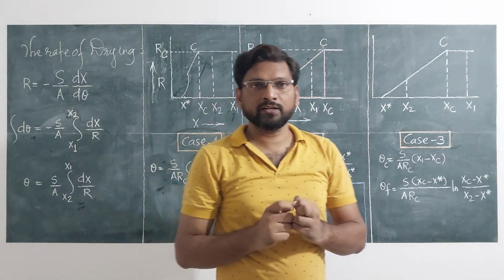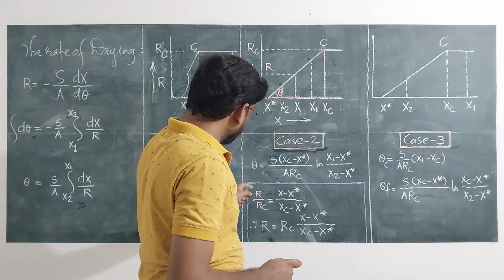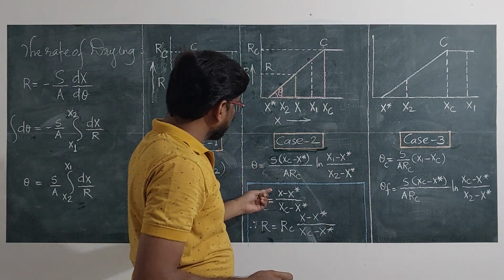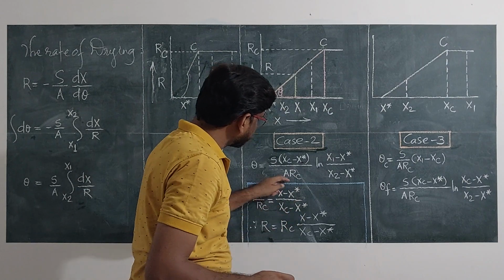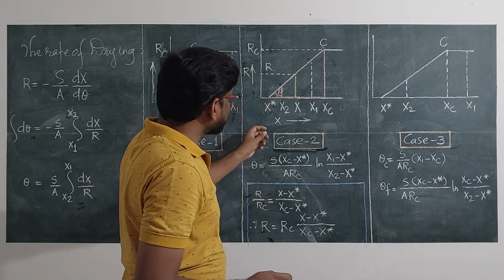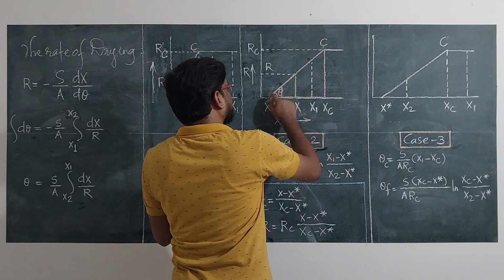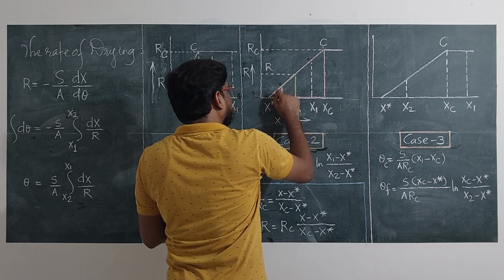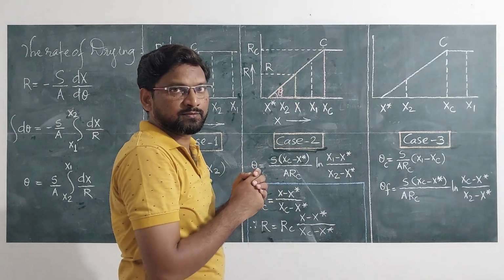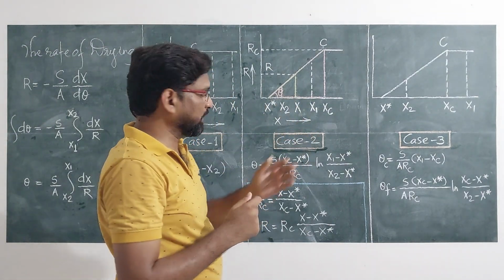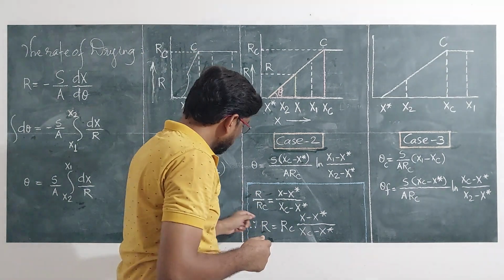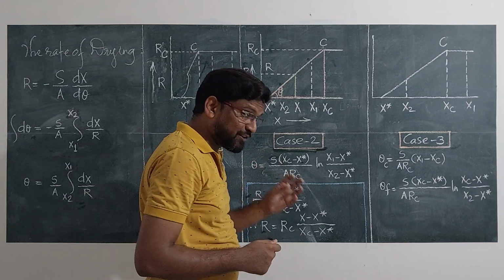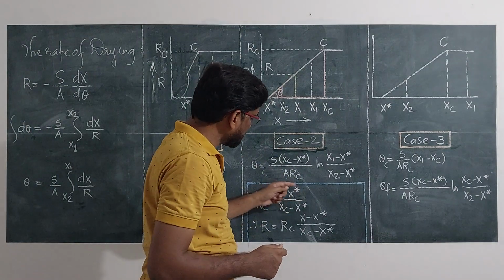My point is that if you want to replace R upon RC by the term on the right hand side, we just refer to the two triangles, the first triangle and the second triangle, and apply the tan formula. After applying the tan formula, you put the results in this ratio, and you will definitely get this ratio.